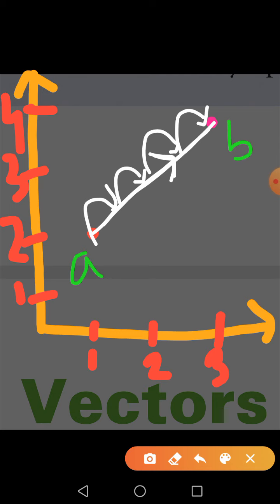So, if each of your steps has a magnitude of 1 unit, then we can use the length of the vector as the number of steps that we need to take. So, first let's find out how to find a unit vector.